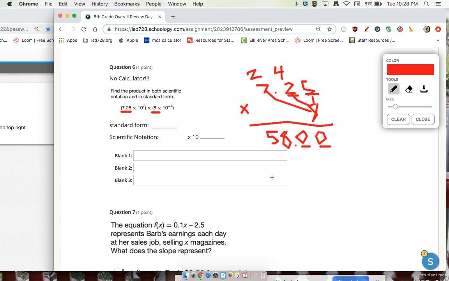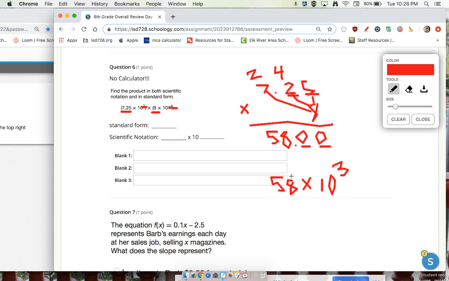So it's going to be 58 times 10, and I'm going to do scientific notation first because it seems faster. Whenever we multiply with the same bases, we add the exponents. 7 plus negative 4 is a positive 3.